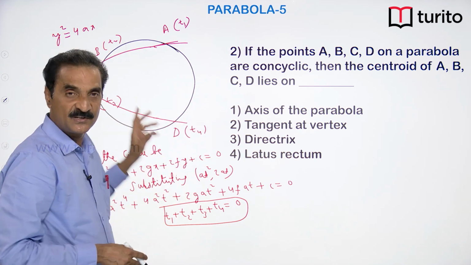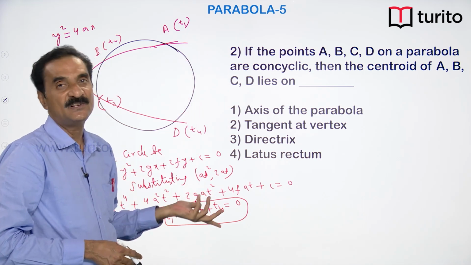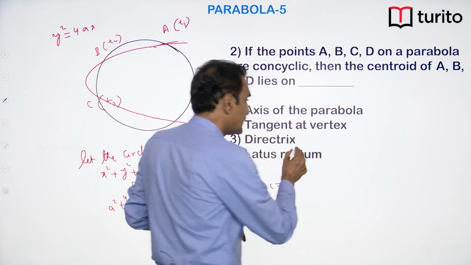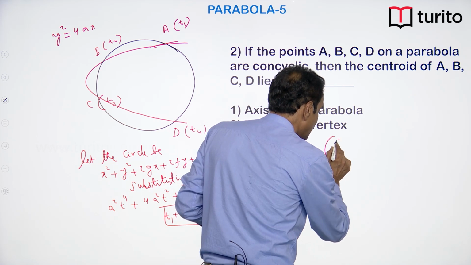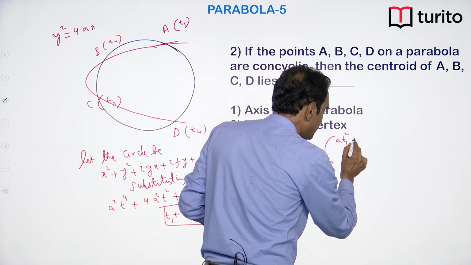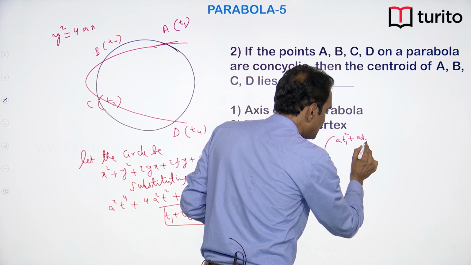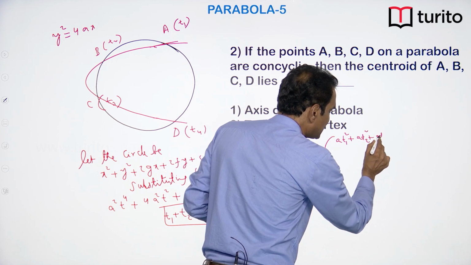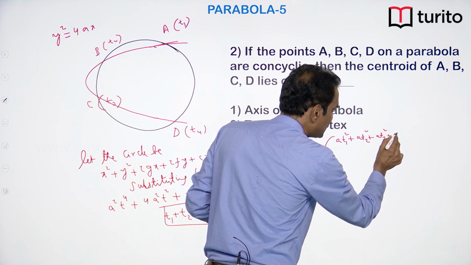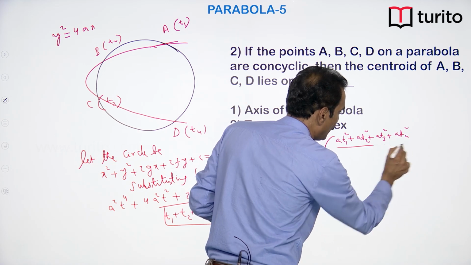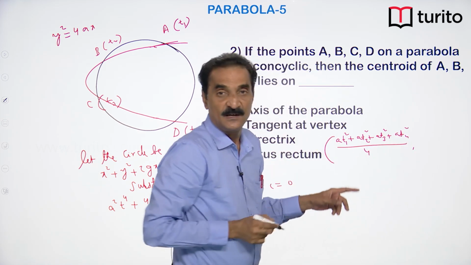Sum of the x coordinates by 4 comma sum of the y coordinates by 4. So, the centroid is a t1 square plus a t2 square plus a t3 square plus a t4 square by 4. This is x coordinate.